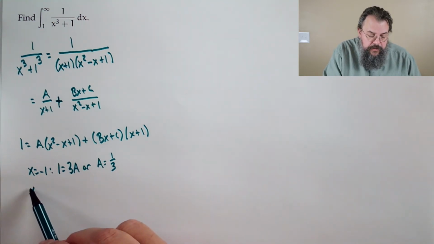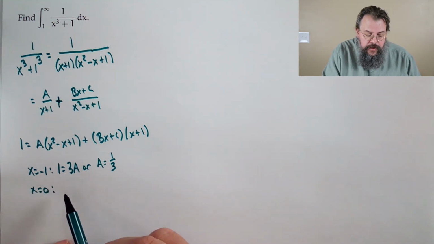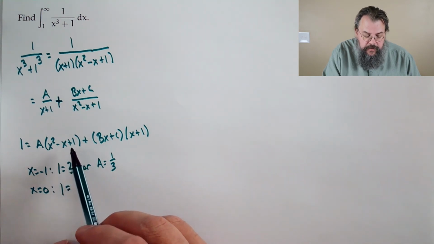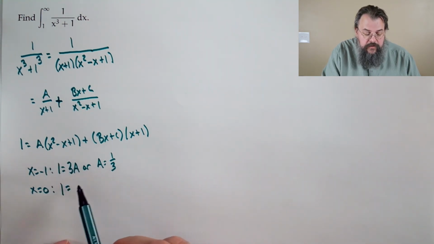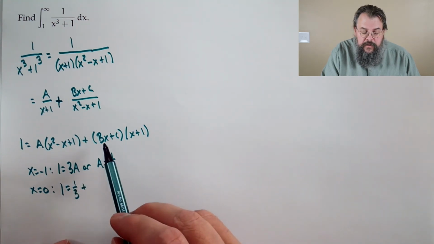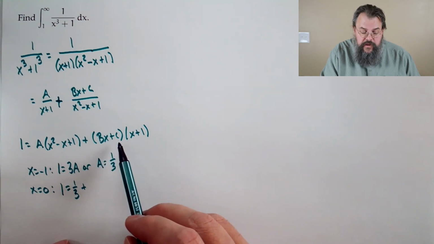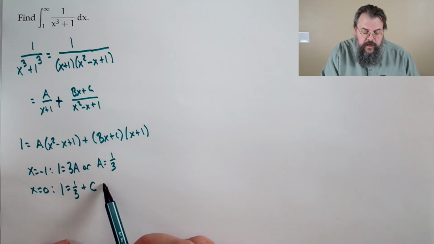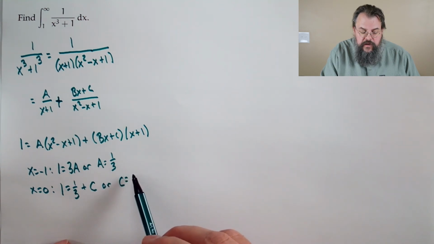If we choose x equals 0, well, what do we have? We get 1 equals a times 0 minus 0 plus 1. So that's a, but we know what a is. A is 1/3. And then plus b times 0 is 0 plus c. So that's c times 1. Okay, so that says c is 2/3.